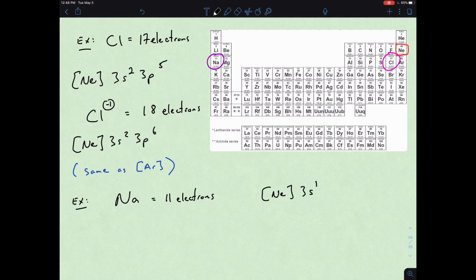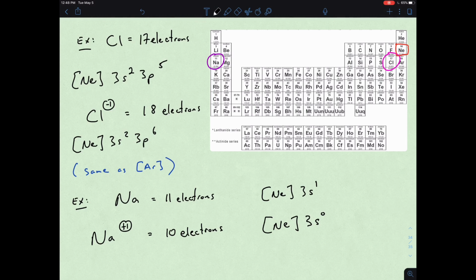Now let's look at sodium plus 1. Well, now that would be actually 10 electrons. And that means that we would have something that looks like this. It is sodium, so we do have that 3s orbital normally there.